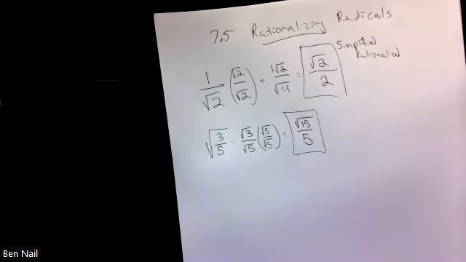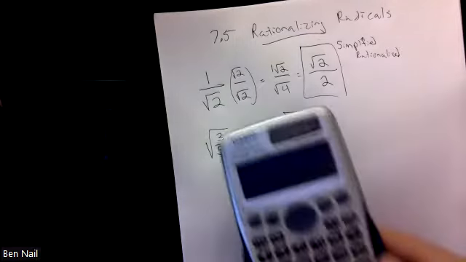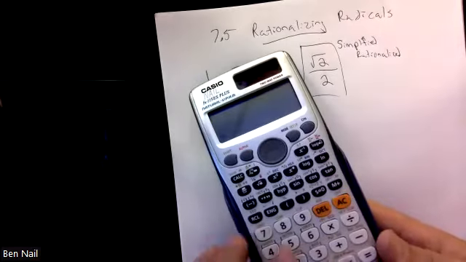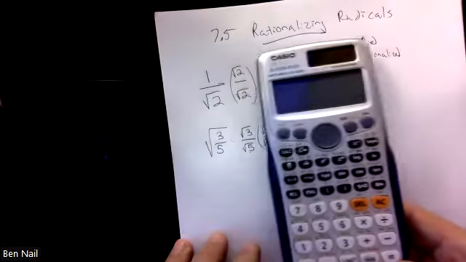Now, another thing to pay attention to, if you have a halfway decent calculator, like I showed you last time, when you're just dealing with numbers, if you have a sophisticated calculator, it can do that for you.